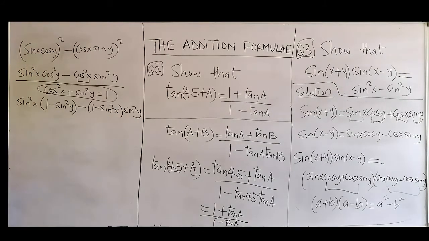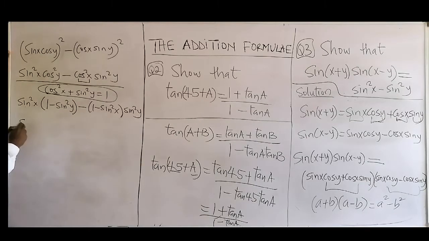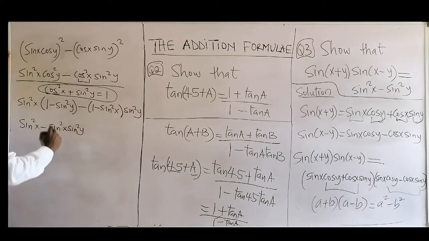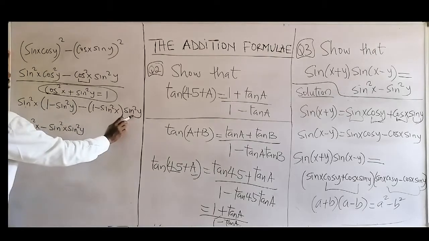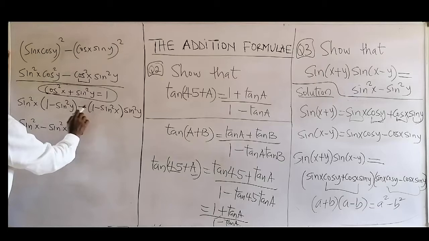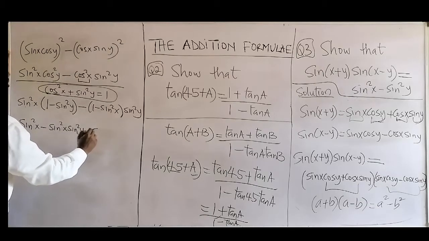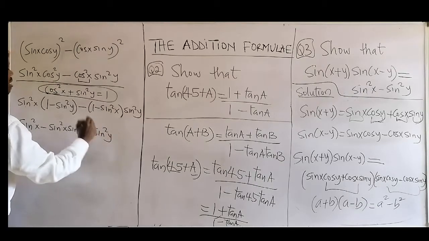Okay. Then the next thing to do now is for us to expand this one times this one. That's sine squared x, and this one times this one minus sine squared x sine squared y. Okay, this one times 1 and then times minus, that's minus sine squared y.